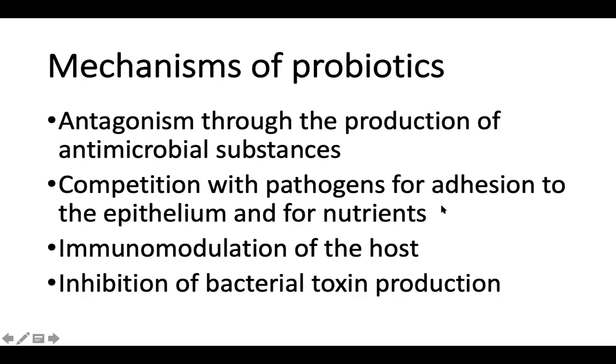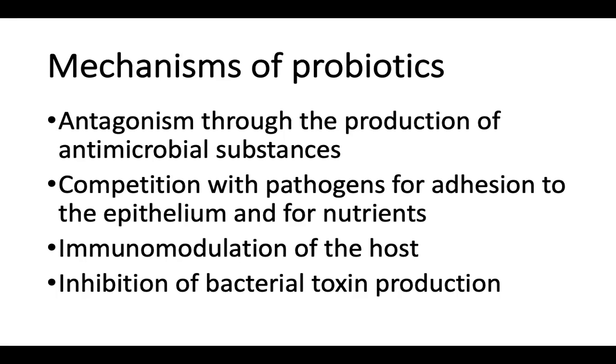Competition with pathogens for adhesion to the epithelium and for nutrients. They not only produce the antimicrobial substances, they also compete with the pathogenic microorganisms for colonizing particular gut or root surface or other areas, that means they compete for the space niche, and also for uptaking the nutrient.